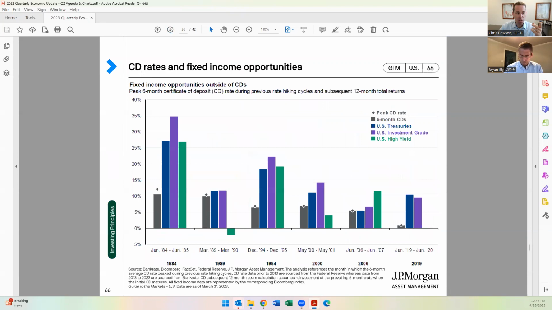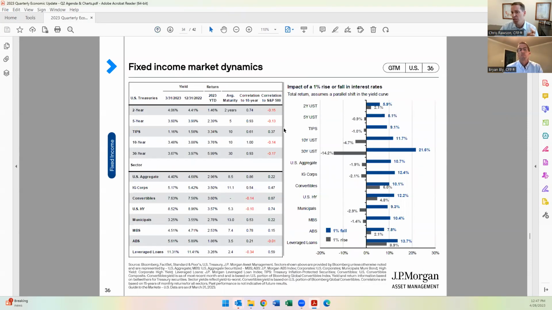And when you look at the CD rates and fixed income opportunities, what we're shifting towards are things like US investment grade bonds and US Treasuries, a little bit longer down what's called duration. Duration is like a CD. If you have a duration of 5, it's like a 5-year CD and you get that rate.